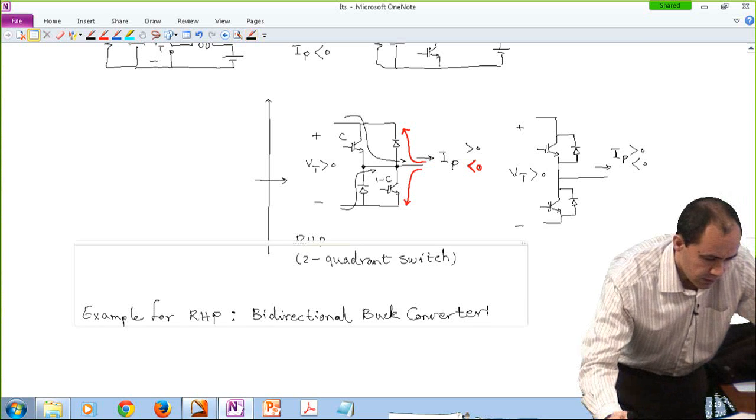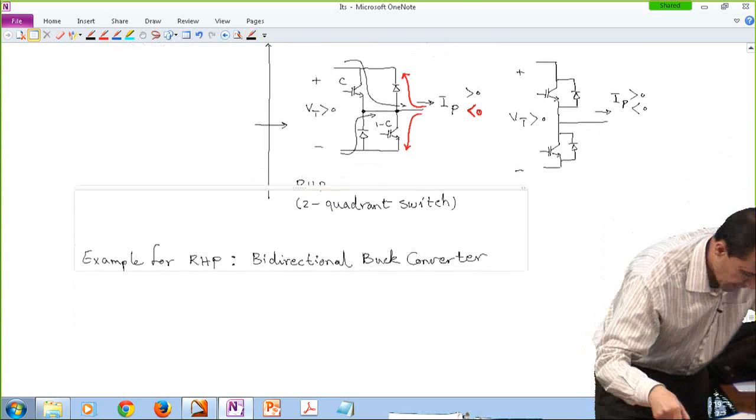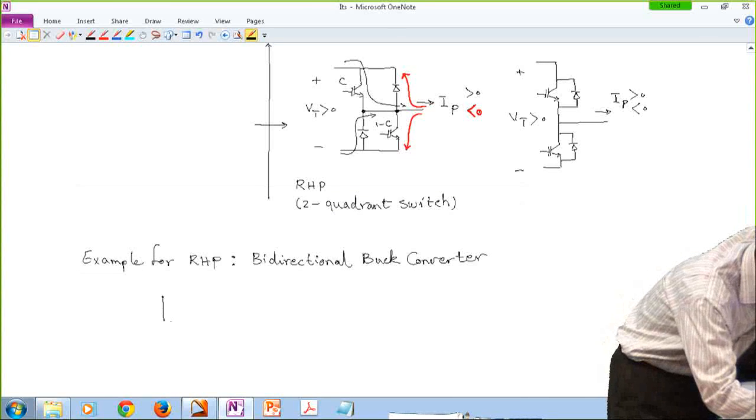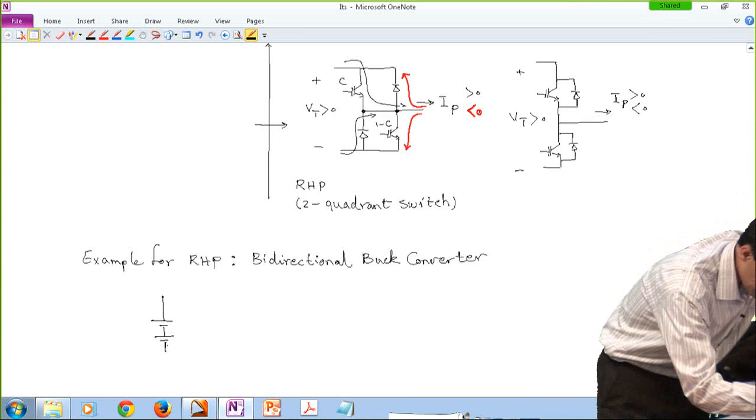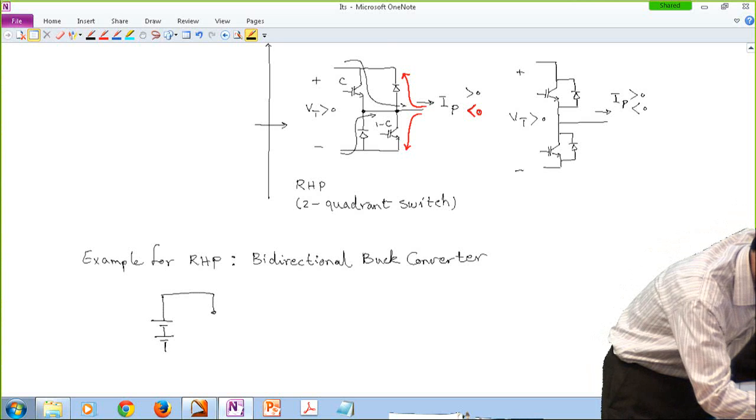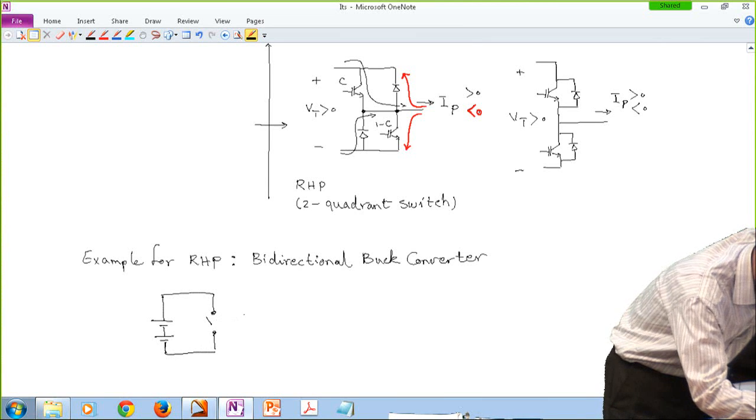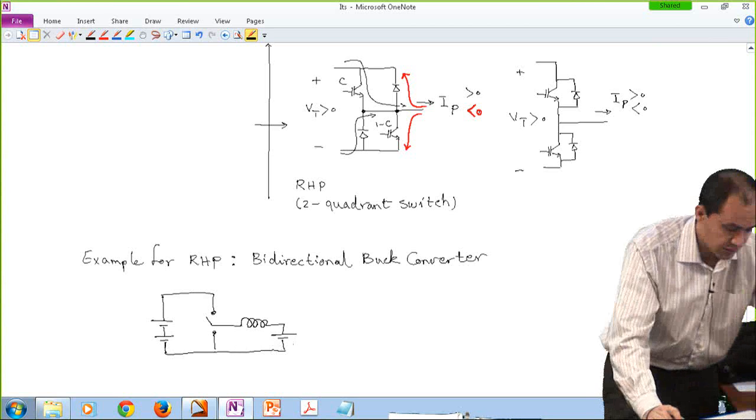All right, so if you look at the bidirectional buck, let's say we have 2 batteries, and sometimes the left-hand side battery is charging the right-hand side, and sometimes the other way around. So you have a converter like this.